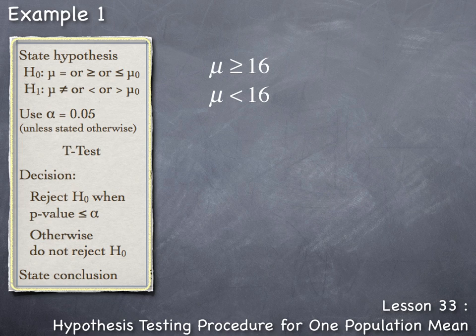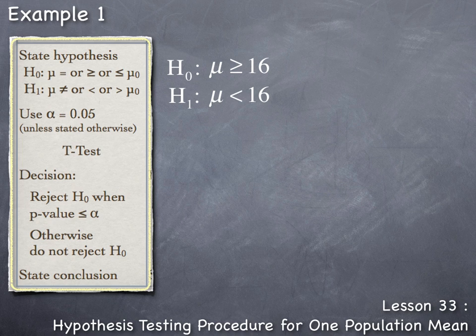Now, greater than or equal includes the condition of equality. So we always label H0 the condition of the equality. And the opposite, without the condition of equality, is always labeled H1. So the hypothesis we're conducting has H0: mu greater than or equal to 16 versus H1: mu less than 16.